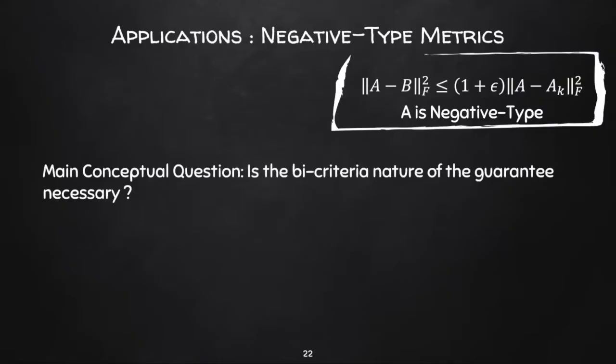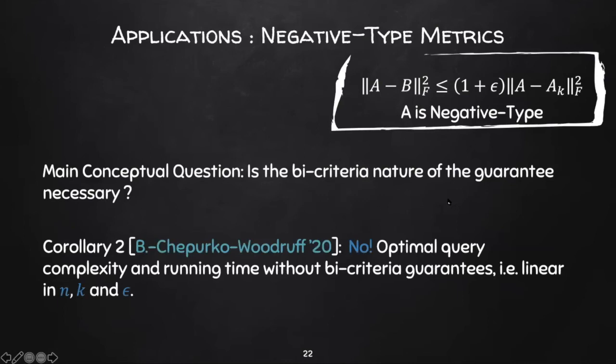So using the techniques that we develop in this work, we are able to show that the bicriteria guarantee is not required, and we in fact obtain a low-rank approximation for negative type matrices with running time and query complexity linear in n, k, and epsilon. There's another application for ridge regression, which we will skip over given time constraints.